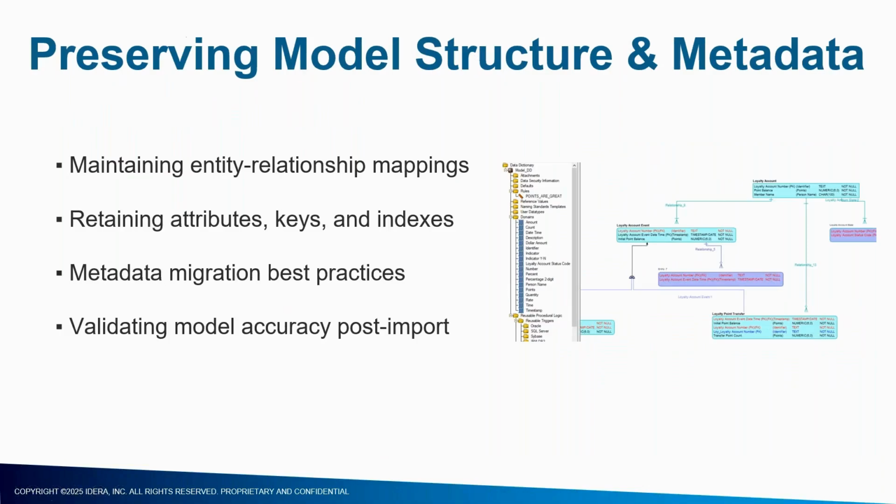Regarding the different objects, if I'm working with a conceptual model or logical model, I will get my entities directly imported with all their different attributes and the relationships. We can keep the layout, and the colors that you have used within Power Designer will be directly imported. Like I said, regarding the data dictionaries with the domains, you will get them automatically.